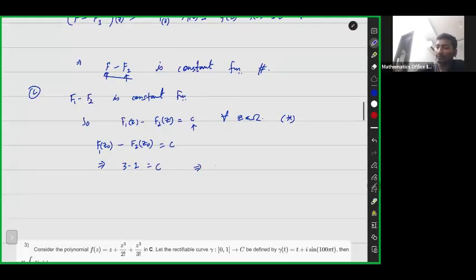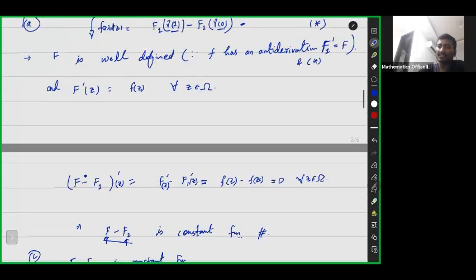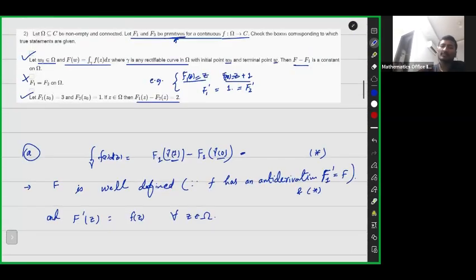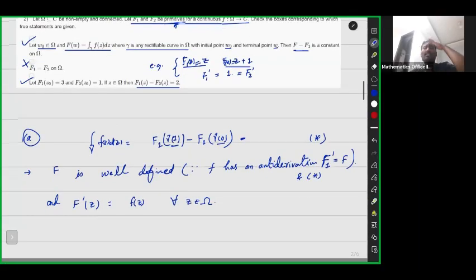This implies c is equal to 2, and we are done. So their difference is given by 2. So the third option is correct. Is this fine? We can go to the next question.